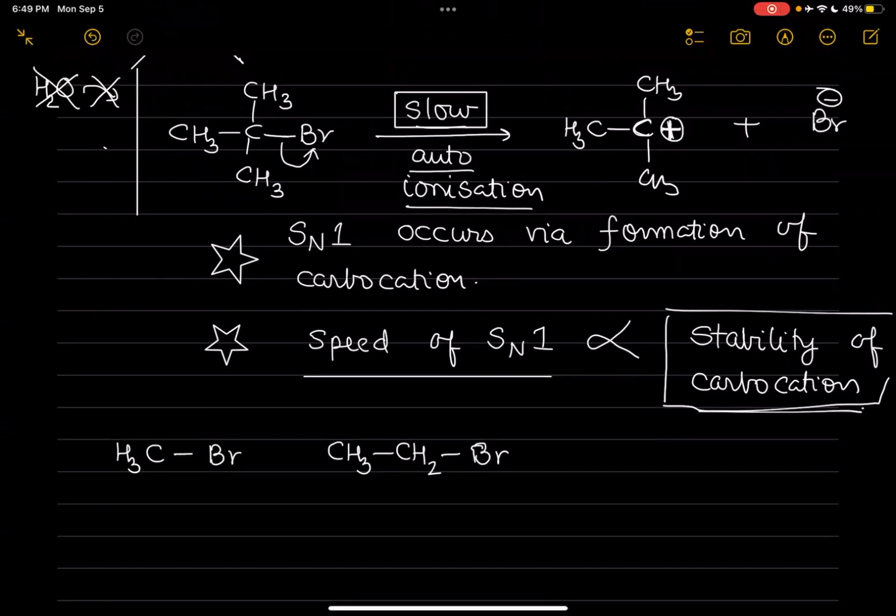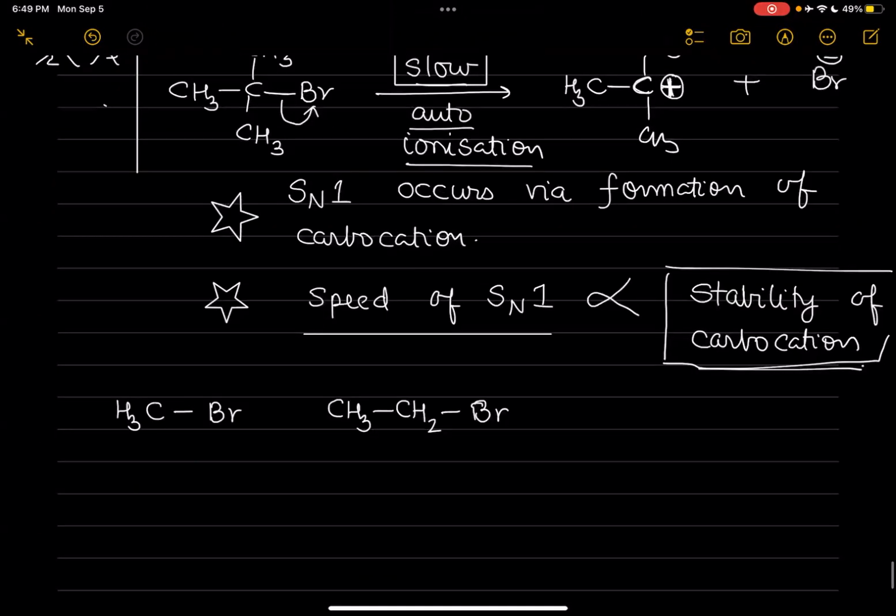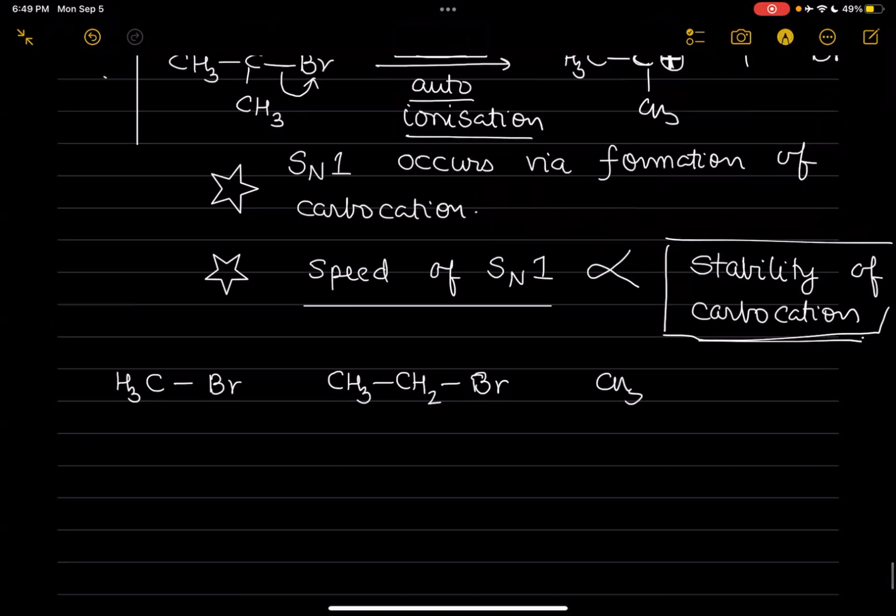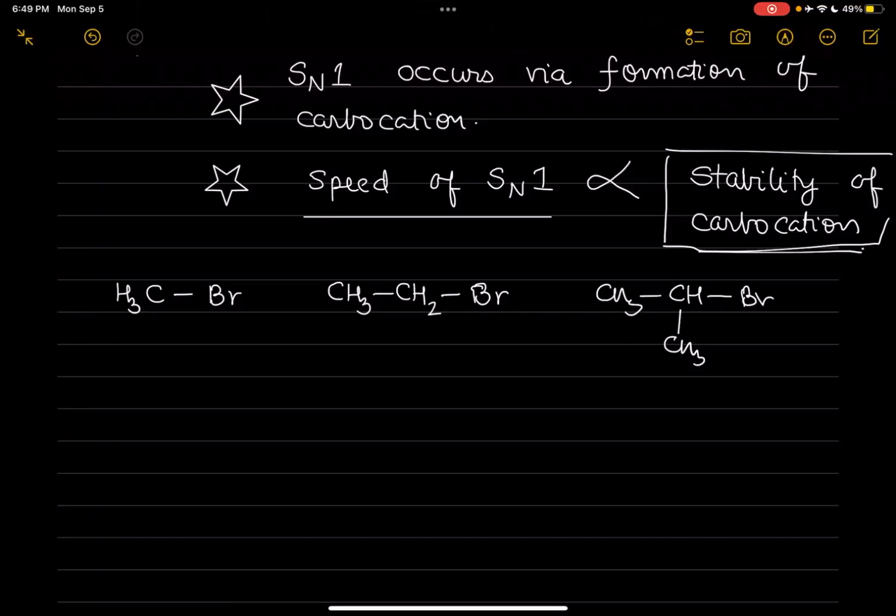The leaving group breaks apart on its own, and that leads to the formation of a carbocation. And if a carbocation is stable, it can form very easily, and if it can form very easily, then the reaction is going to happen very quickly.